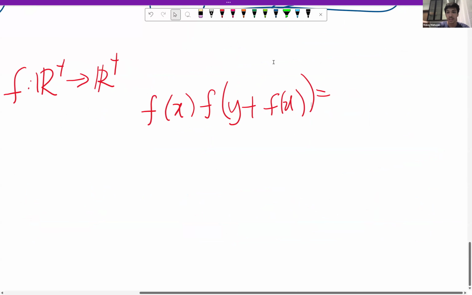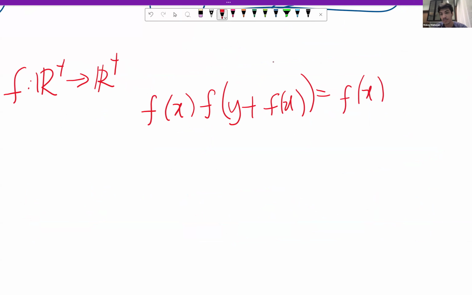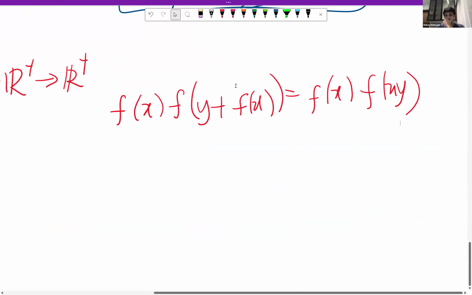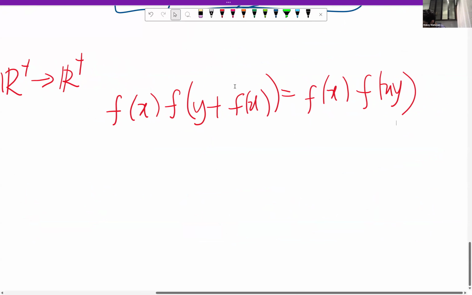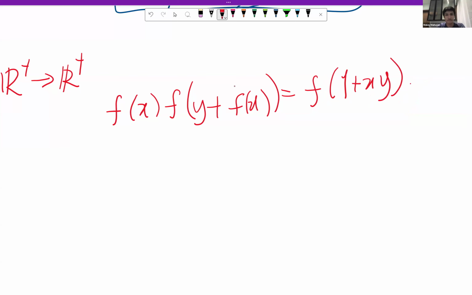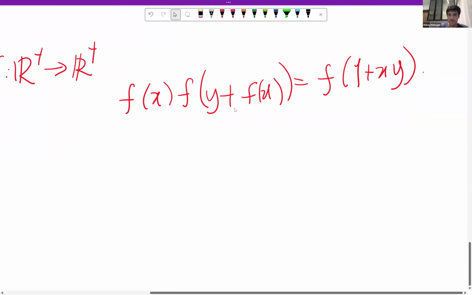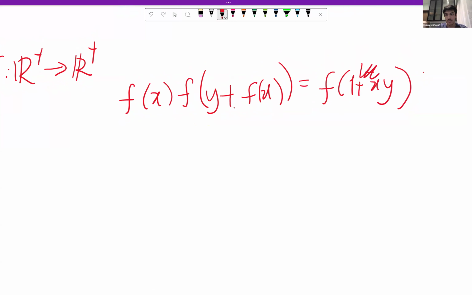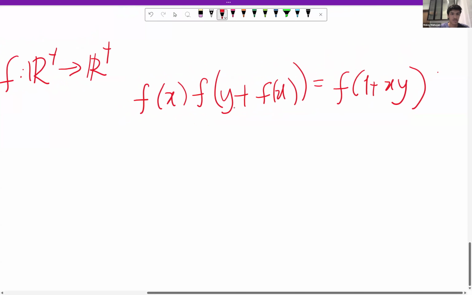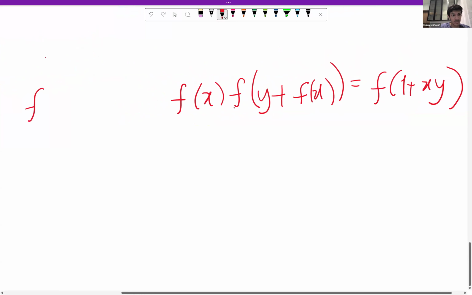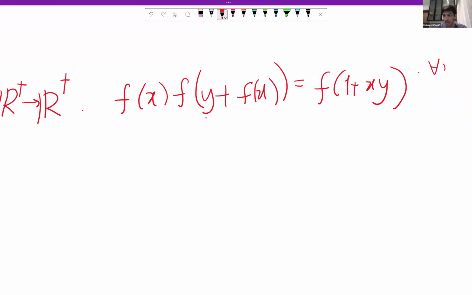If someone has still seen this, then I'll give a buffer problem. And I won't be writing "for all x, y" in every problem, but this is true for all x.